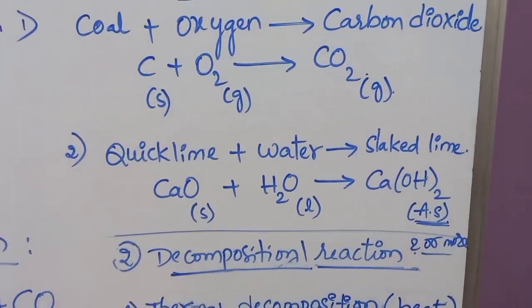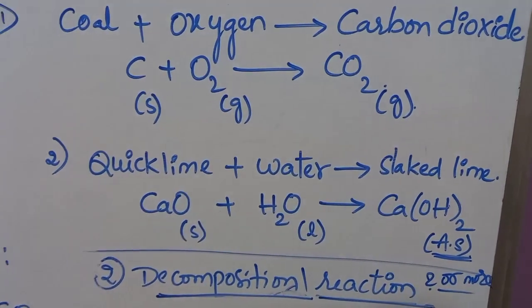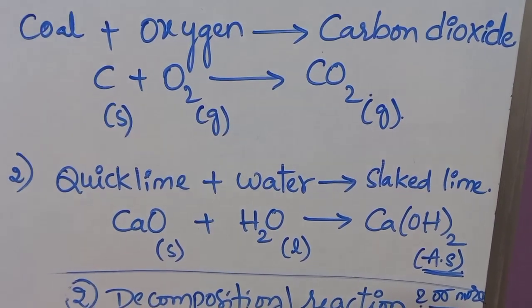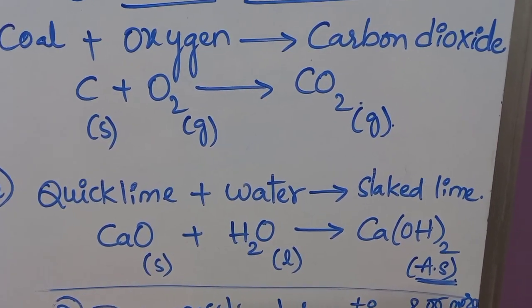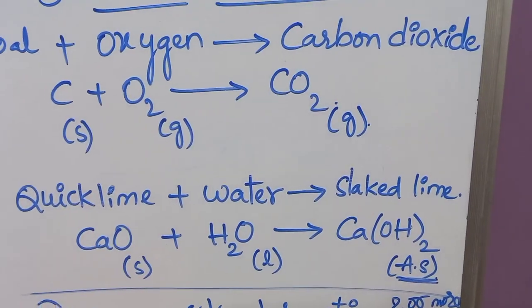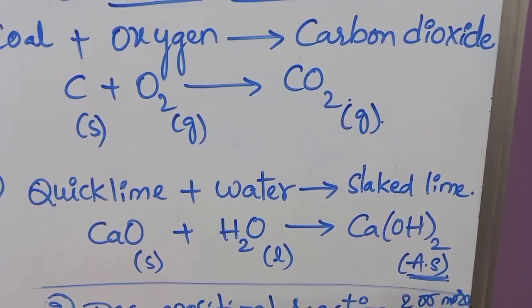Similarly, in the second example, quicklime plus water gives rise to slaked lime. So here also we have 2 reactants. One is quicklime and the second one is water. So both of them, when combined with each other, give a newly formed substance. The product is slaked lime. So only one product is formed.